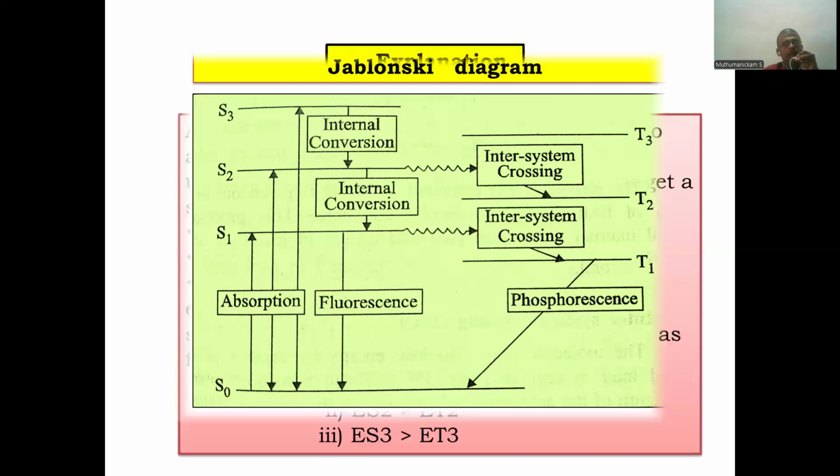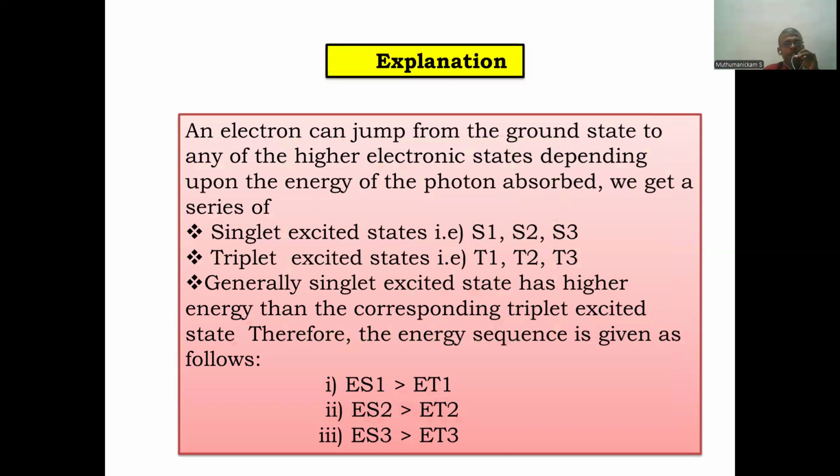fluorescence, and phosphorescence. First, on passing electromagnetic radiation, an electron can jump from the ground state to a higher energy level. Depending upon the energy of the photon absorbed, we get a series of singlet excited states and triplet excited states.